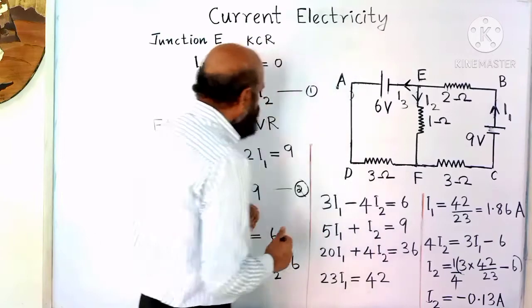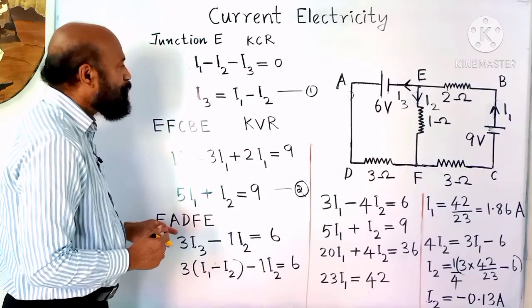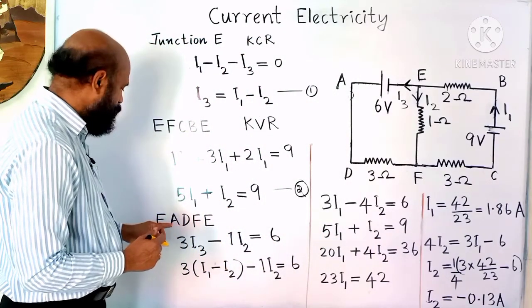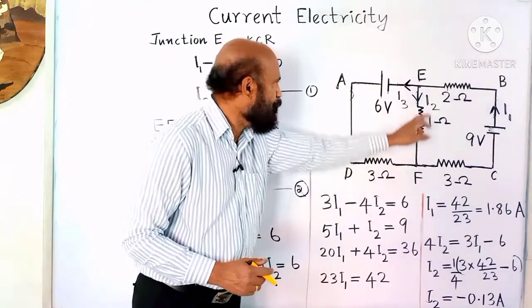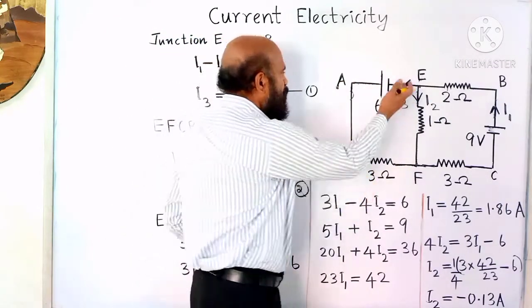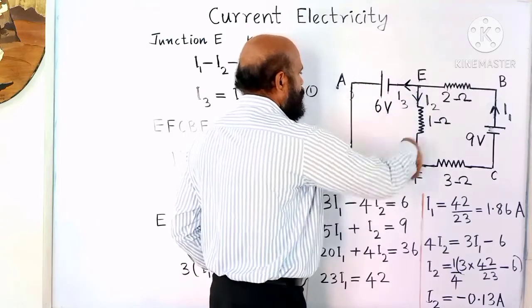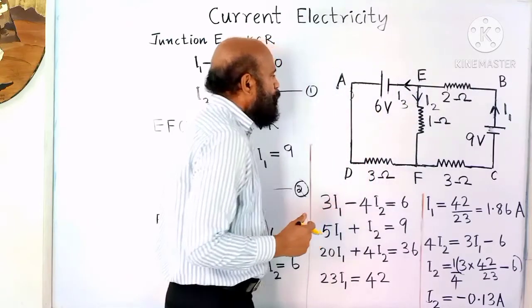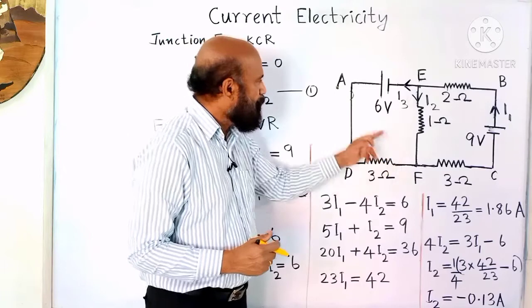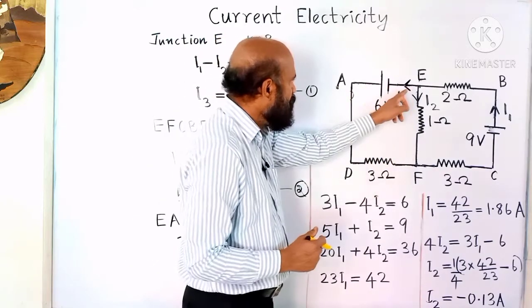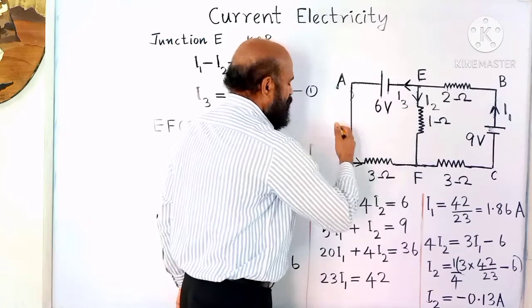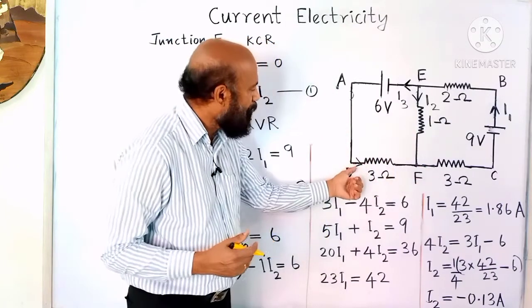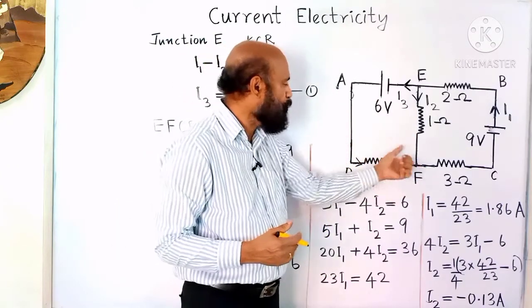Now apply Kirchhoff's second rule to the closed loop EADFE. This is the direction of the loop. Now imagine you are walking in the same direction. See the arrow: the direction of the current is in this direction, and the direction of the loop is also in the same direction.